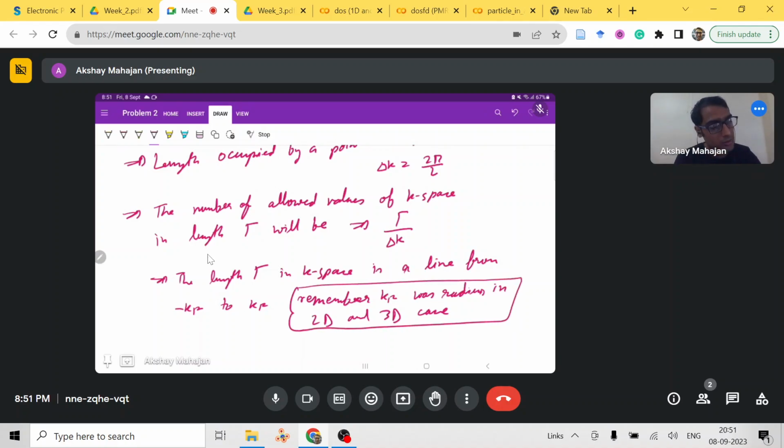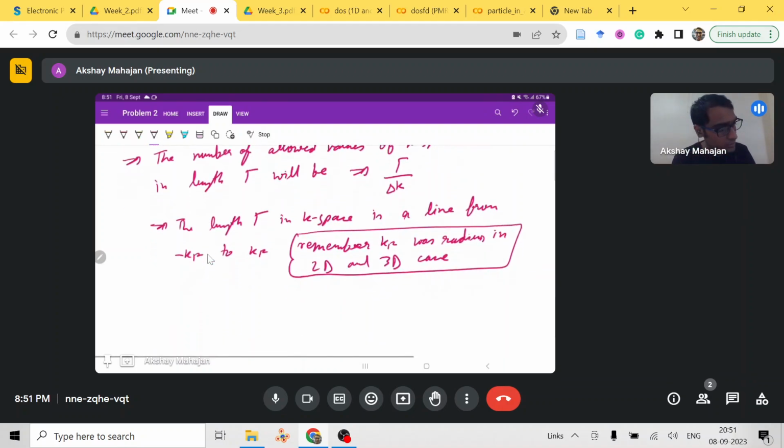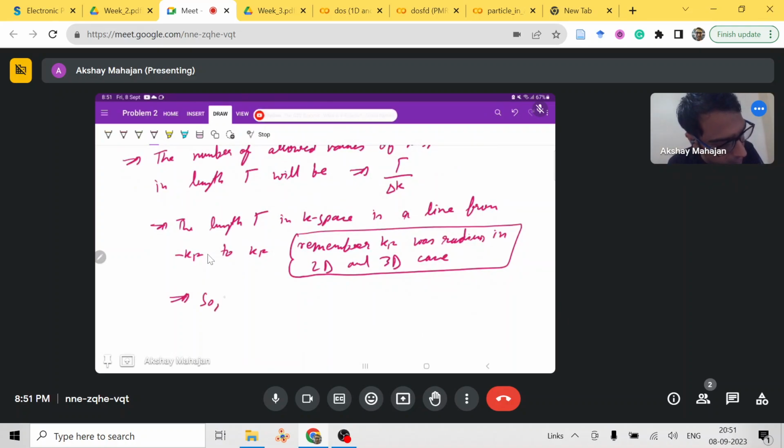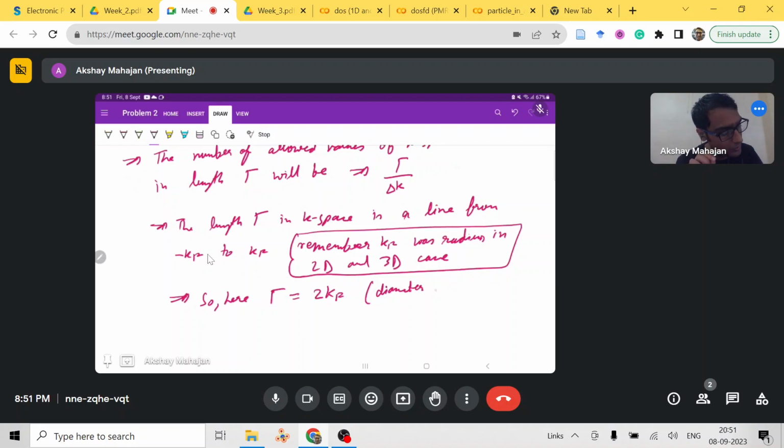Okay, I should have written it in red, but that's fine, I guess. So here gamma is basically equal to 2 times kf, so it will be kind of a diameter. It was the diameter in the case of 2D.